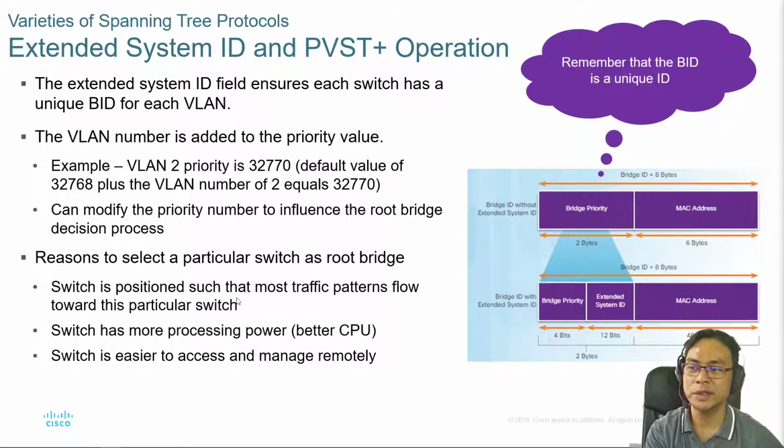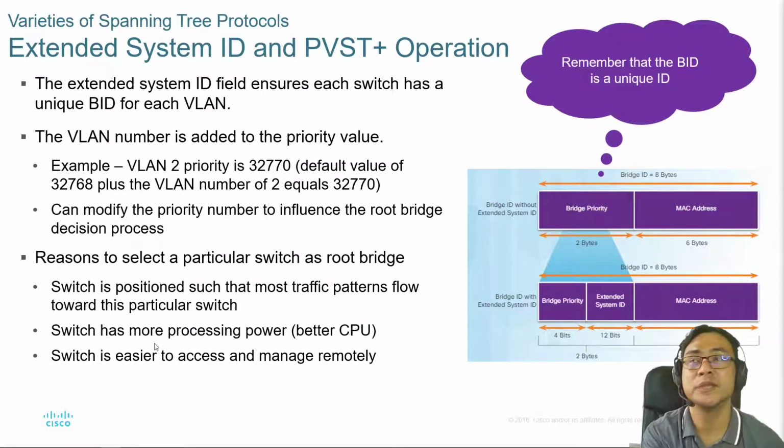The switch is positioned such that most traffic patterns flow towards this particular switch. So you can already see in your diagram that this is the strategic area to become the root bridge. Otherwise the root bridge might end up in an area with no people, because there are topologies like that.